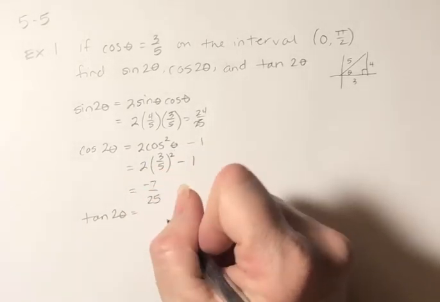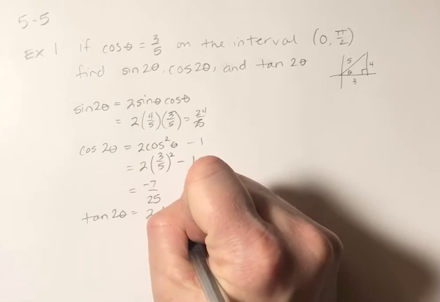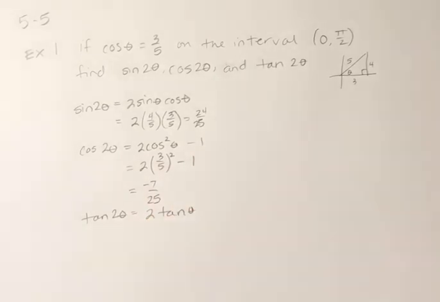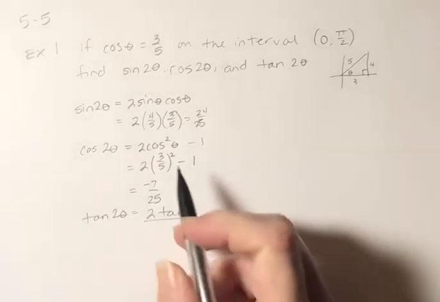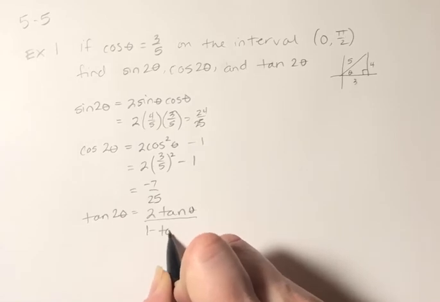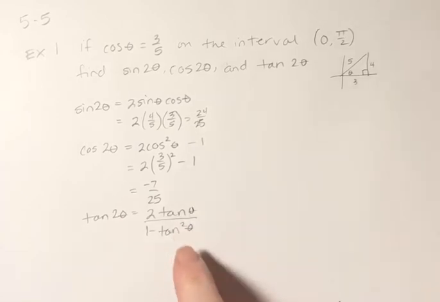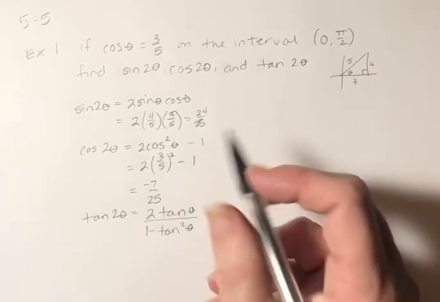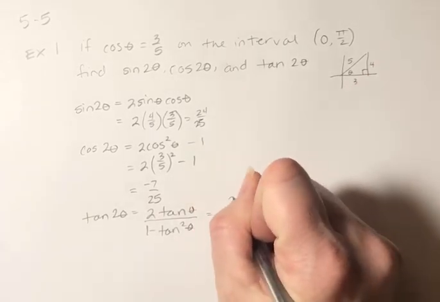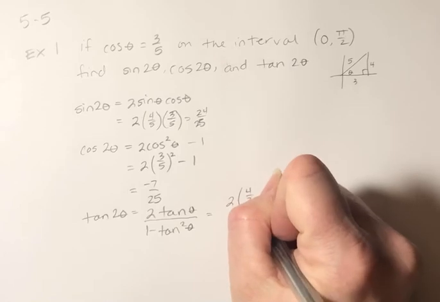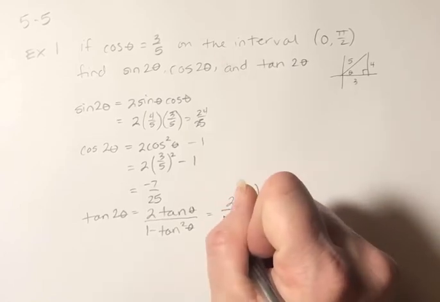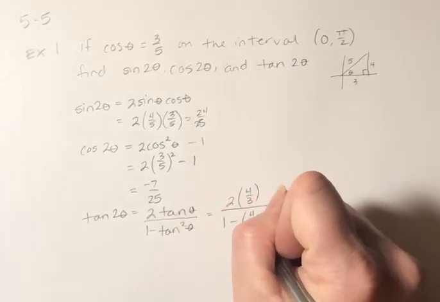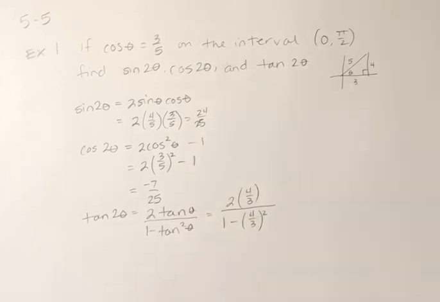And the third one, tangent of 2 theta, I have to have 2 times the tangent of theta over 1 minus the tangent squared of theta. Well, the tangent of theta is 4/3. So I have 2 times 4/3 over 1 minus 4/3 squared.